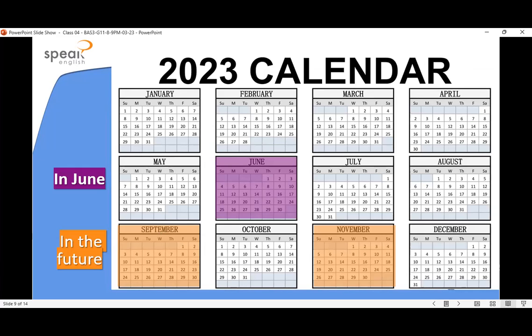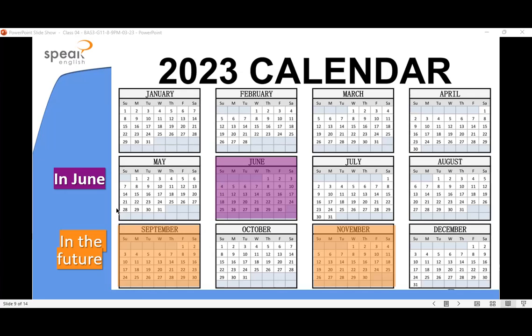In May, in June, in December, in August, only the month. So whenever you have the time expression that is related to in, you are going to have in plus the month, just that. You are not going to be using numbers, okay? We do not use the specific dates, only in plus the month.